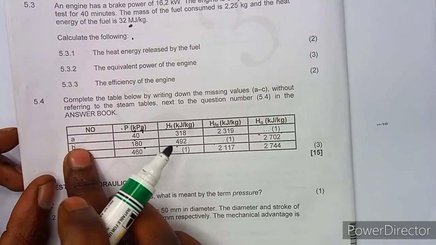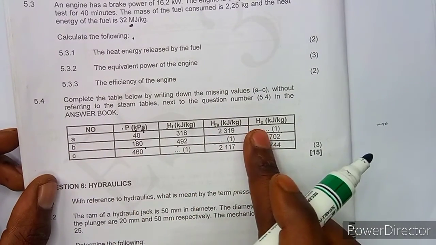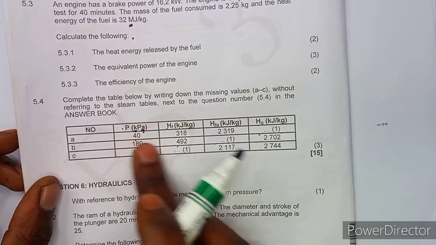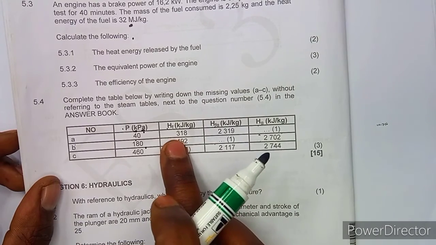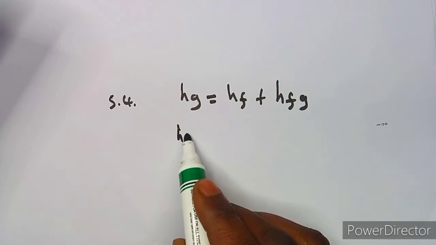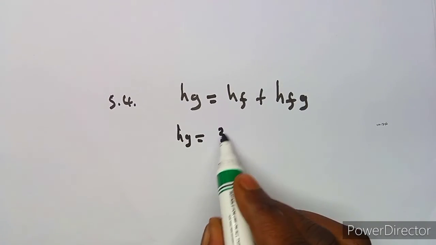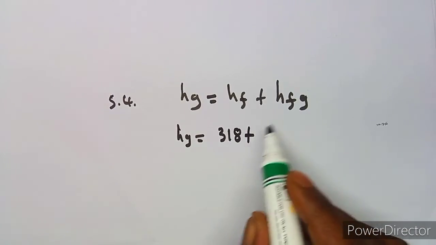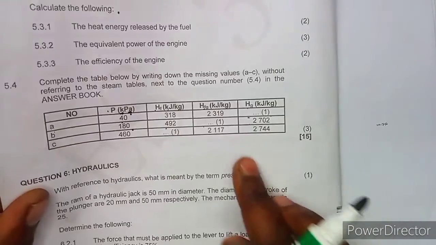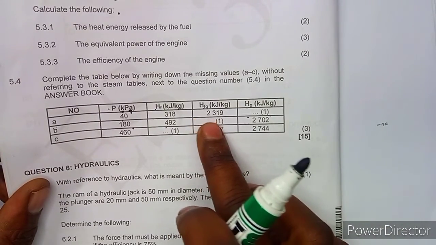The first item, A, we want to calculate hg at a pressure of 40. Your hf is 318. So hg is going to be hf, which is 318, plus hfg. This is your hfg, which is 2319.